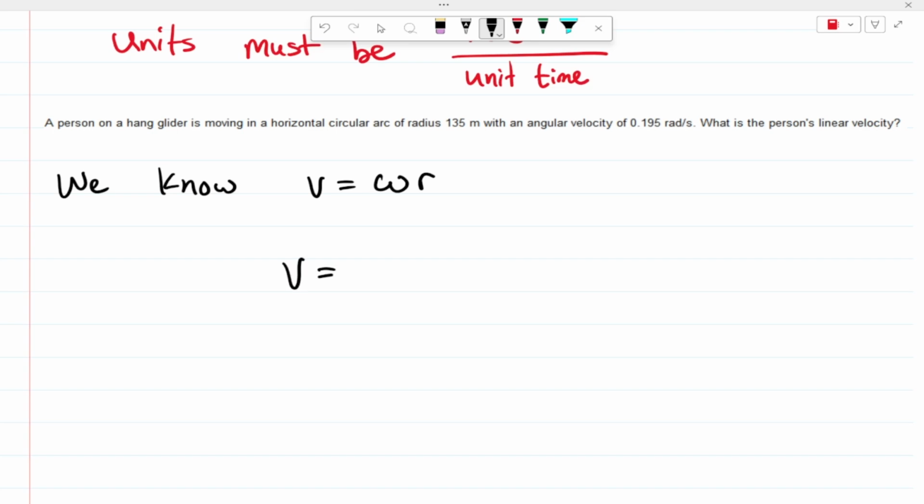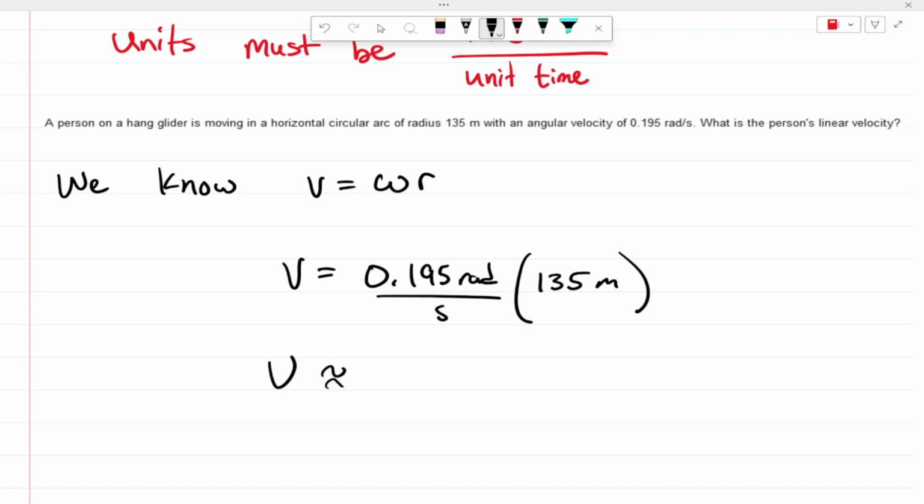So v is going to equal 0.195 radians per second times the radius, which is 135 meters, which means our linear velocity is approximately 26.3 meters per second.